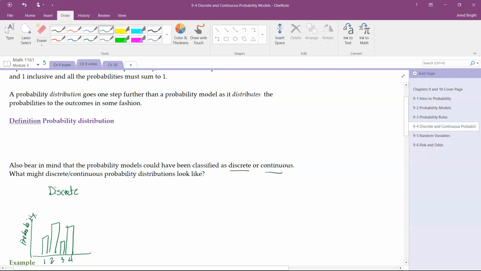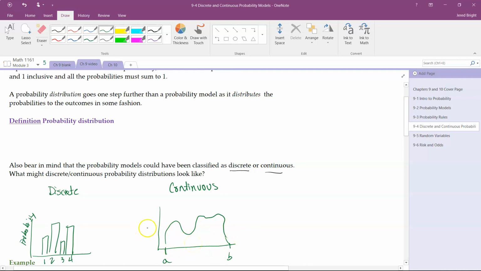For the continuous case, this one is a little tricky. An example of a continuous graph would be a line graph. So we would have something like this, and here's the one boundary of our interval, here's the other boundary, and then we have a value somehow for every event in between.